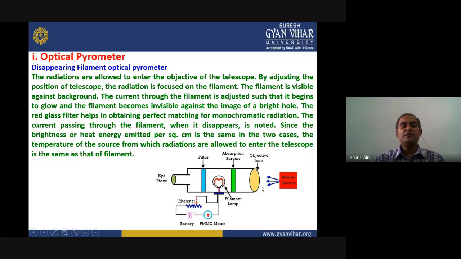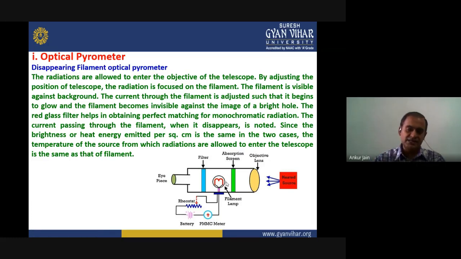The filament will stop being visible. The red glass filter helps in obtaining a perfect match for monochromatic radiation. It filters out all the other wavelengths and allows only the red wavelength, so that we get a clear image of the filament.